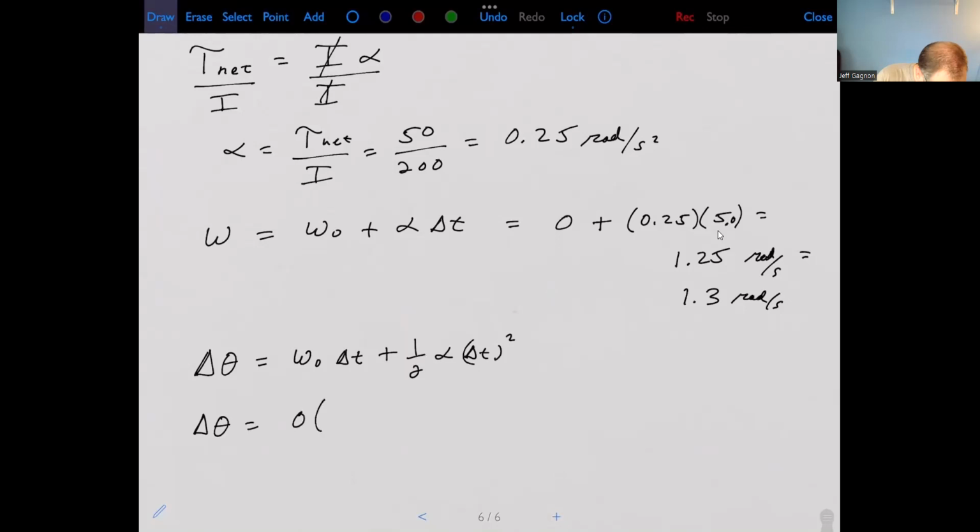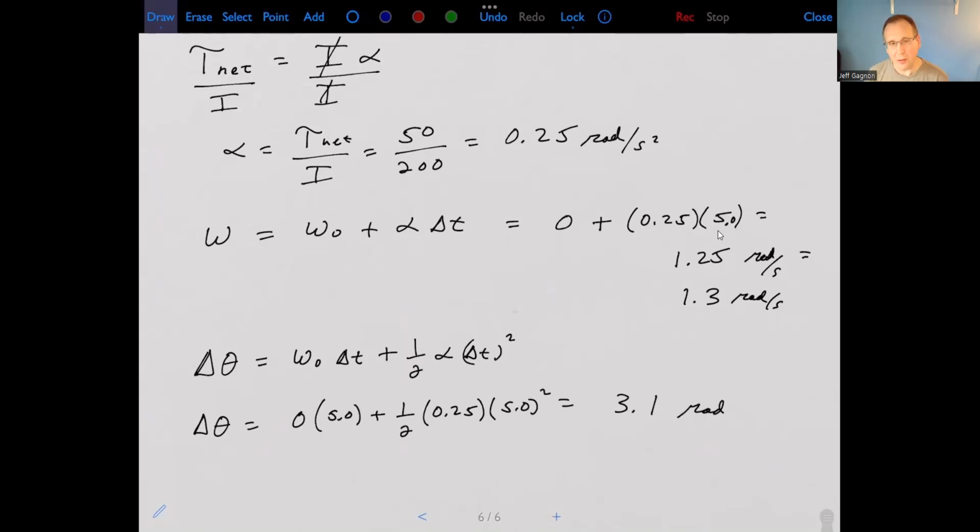Starting at rest. This is for 5 seconds. 1/2 alpha was 0.25, and then this is 5.0 squared. If you work that out, you're going to get 3.125 radians. So again, if I round, let's say 3.1 radians.